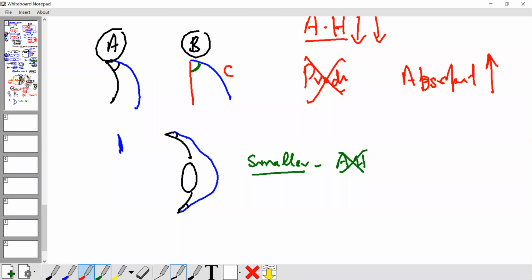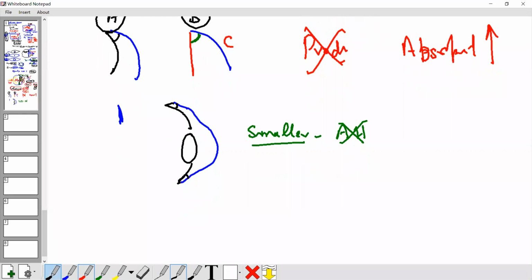Okay, next thing. Another picture here. This is the cornea, and now the iris becomes straight like this, and you can see the pupil is now smaller. Here the pupil is bigger.